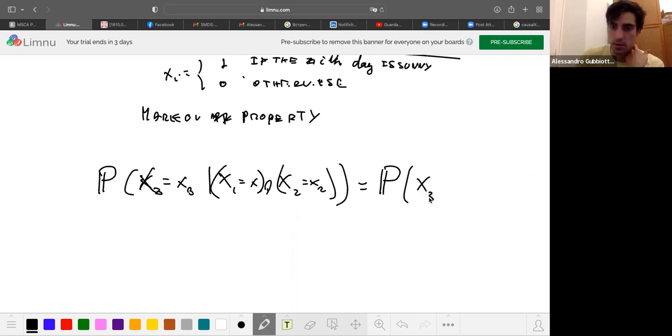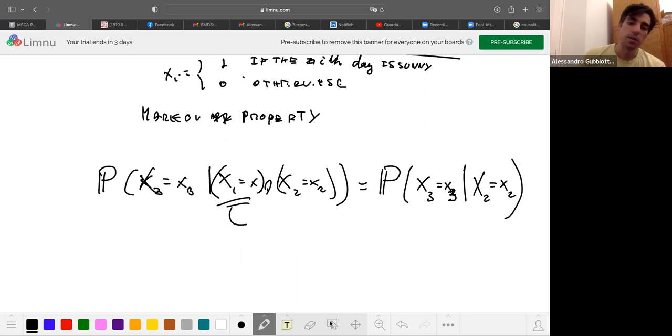So this is equal to the probability of capital X3 equal to x3, given that X2 is equal to x2. And you don't care anymore about the earlier event.